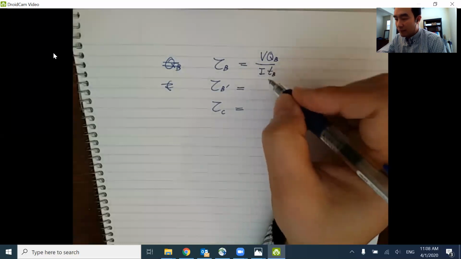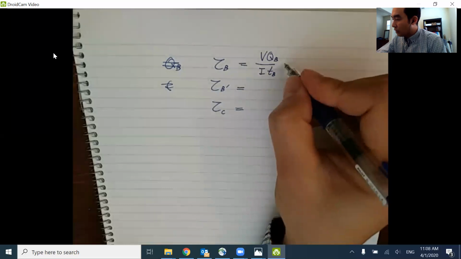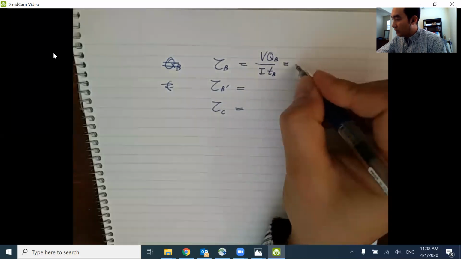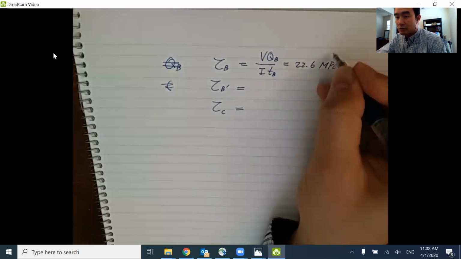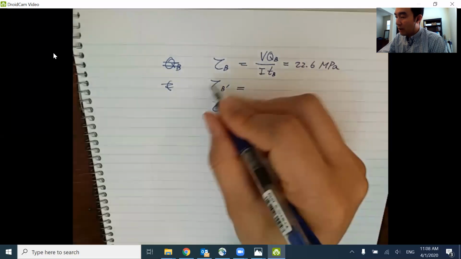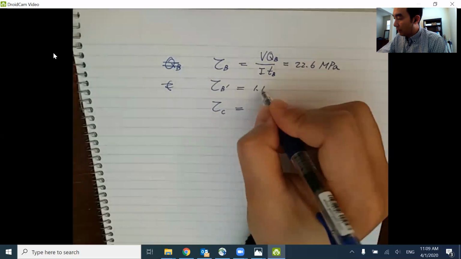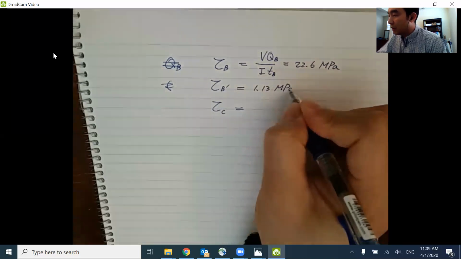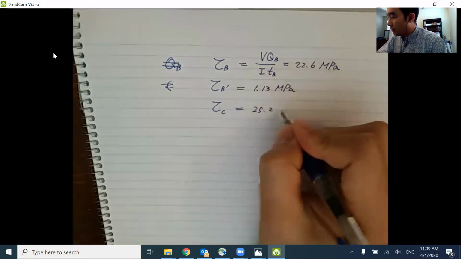I converted everything into meters and calculated this. I got 22.6 megapascal. Mega is 10 to the 6, and Pascal is Newton per meter squared. Do the same thing for tau at B prime. I got 1.13 megapascal. Tau at C is 25.2 megapascal.